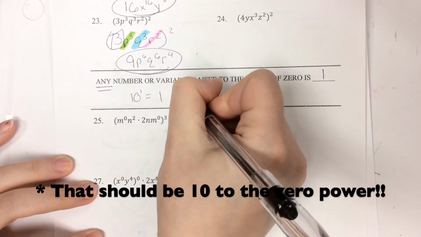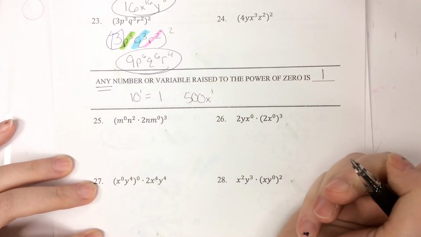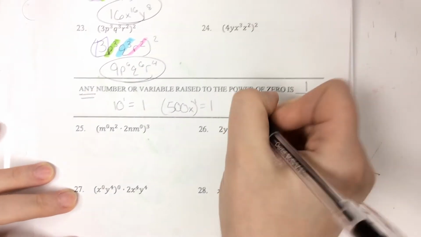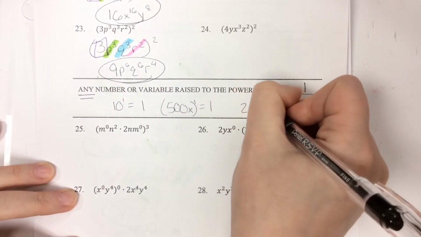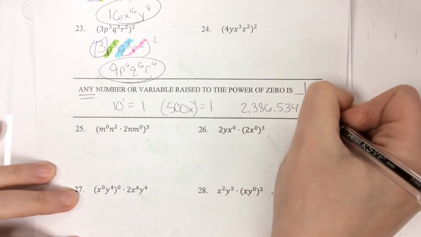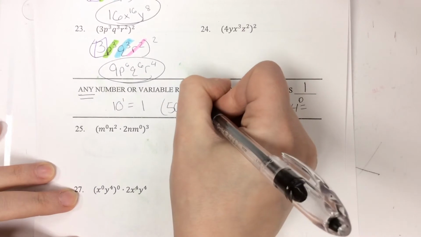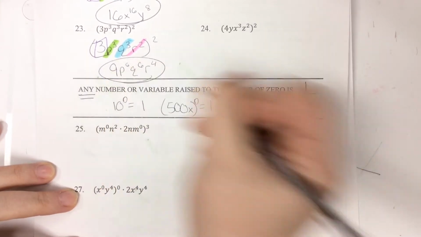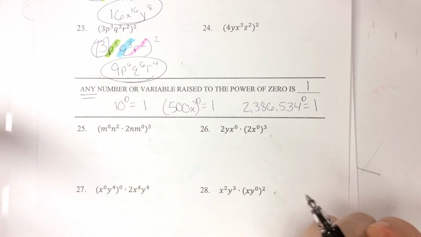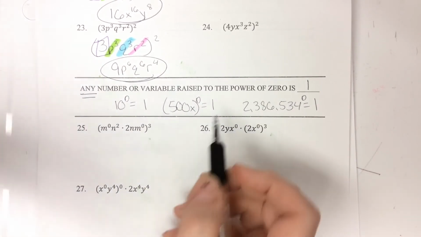If I tell you 500x to the 0 power, that's 1. If I tell you 2,386,534 to the 0 power, what is wrong with me? That's 1. Okay, so anything to the 0 power, I'm so sorry if I just confused you. Anything to the 0 power is 1.